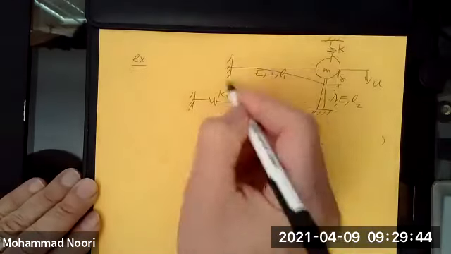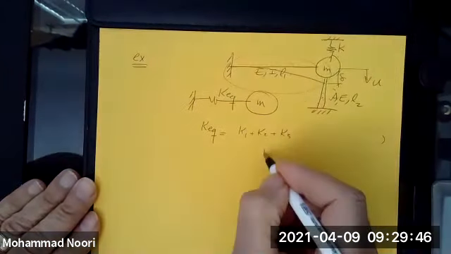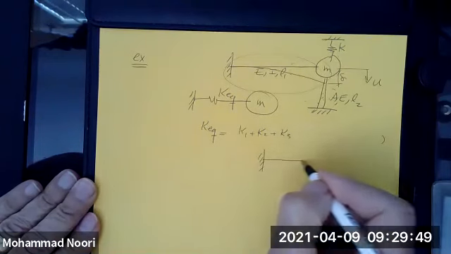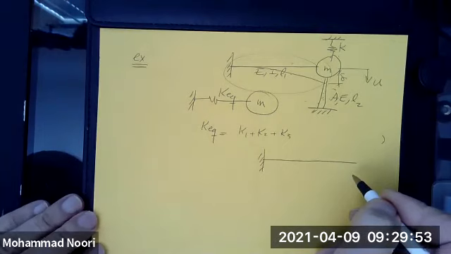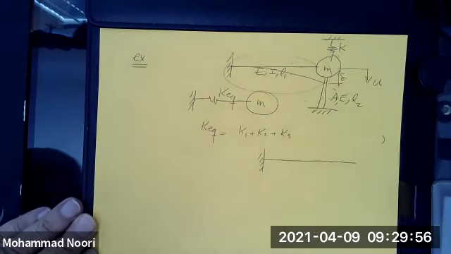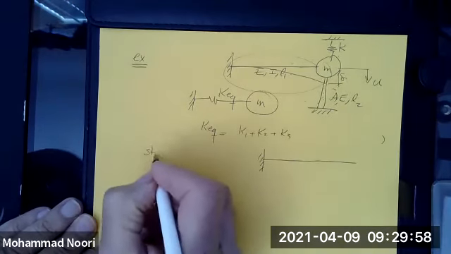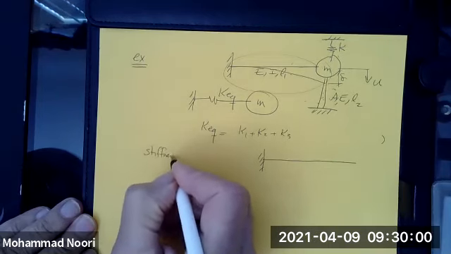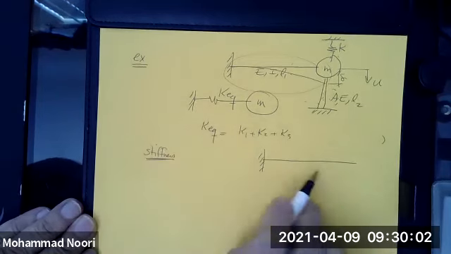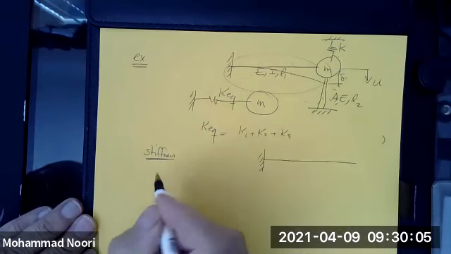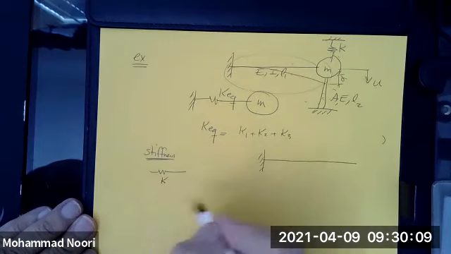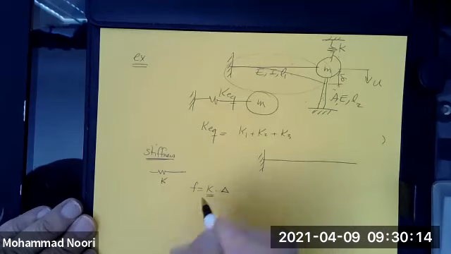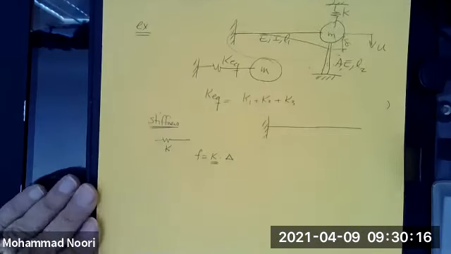What is the stiffness of a cantilever beam? You remember how you find the stiffness of a cantilever beam? We go by the definition of a stiffness. Stiffness means what? You want to replace this beam with a single spring. The relationship between the force and the stiffness in a spring is what?